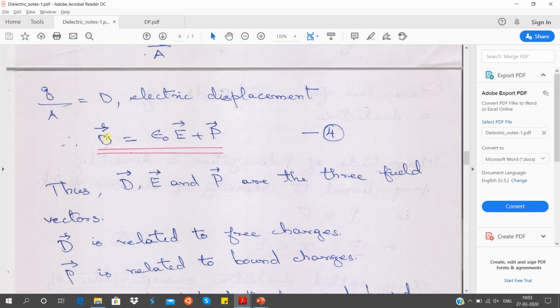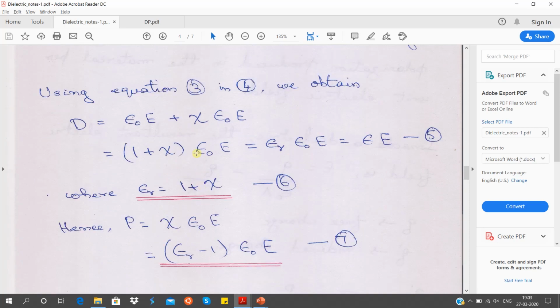We have just derived D is equal to epsilon naught E plus P. I am going to put P as chi epsilon naught E. So if I do that, I get D is equal to epsilon naught E plus chi epsilon naught E. Epsilon naught E is a constant, so I can take it out, and 1 plus chi becomes inside the bracket. Now this 1 plus chi is given as epsilon r. So it becomes epsilon r epsilon naught into E.